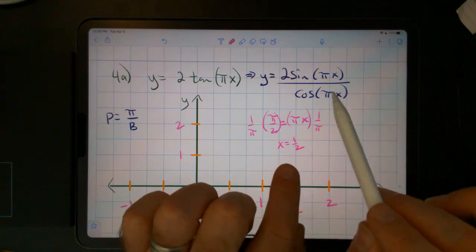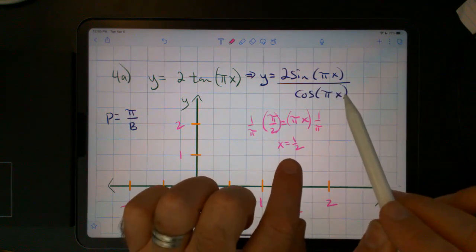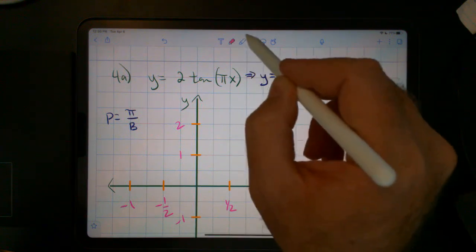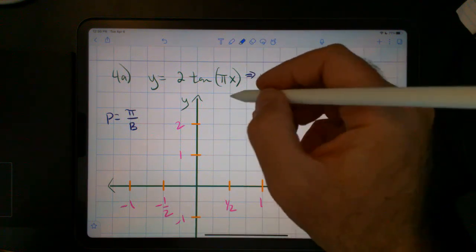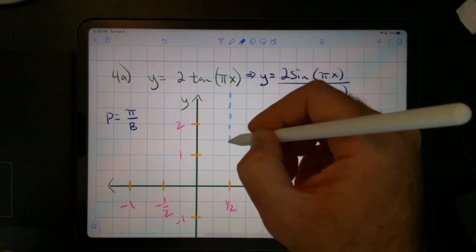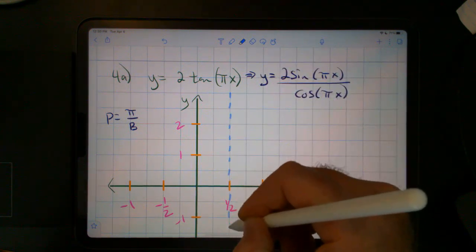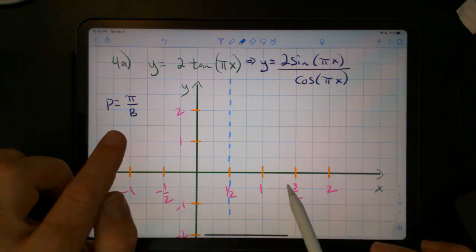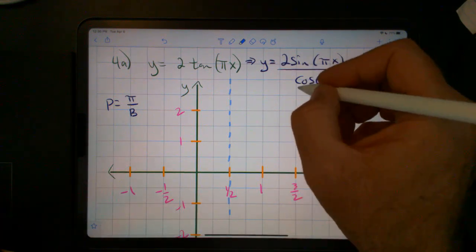So when x equals 1/2, that's one of the asymptotes. And this has a period of 1, and so this will also be an asymptote.